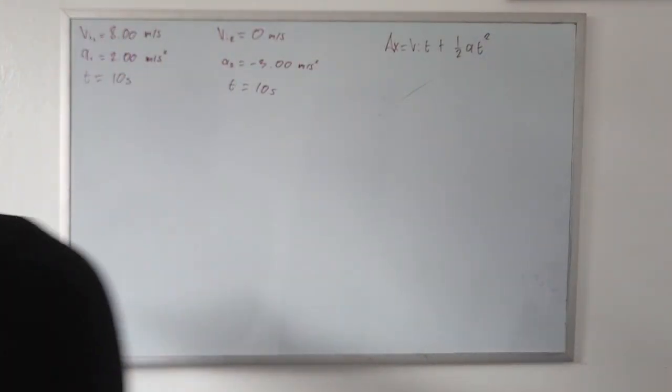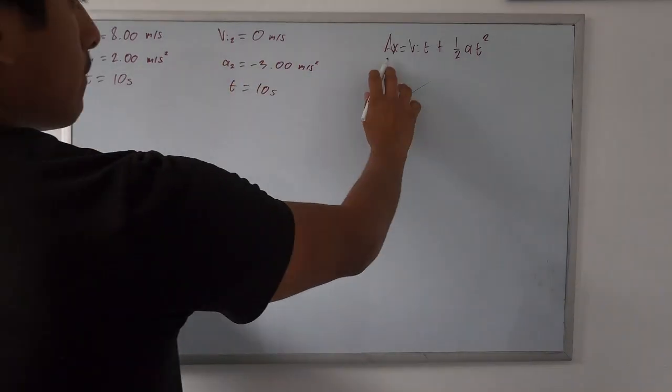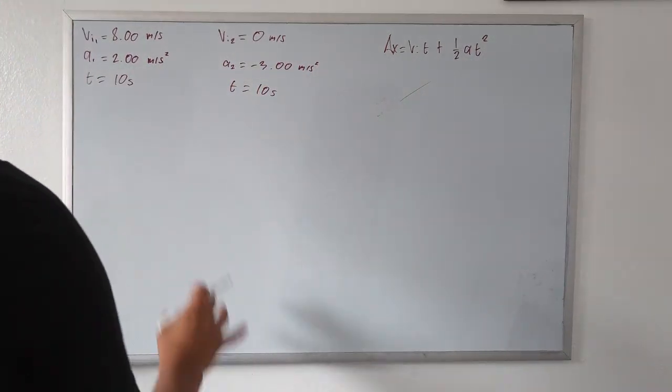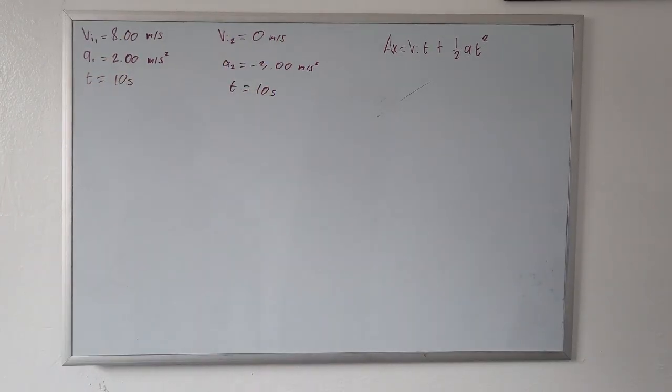Now we're just going to plug in all of our variables for each one of them, find the position of this one and the position of this one, and then find the difference between those two positions.